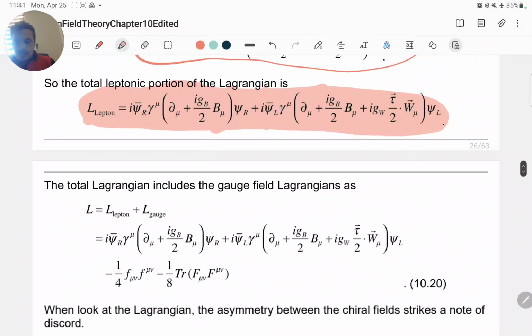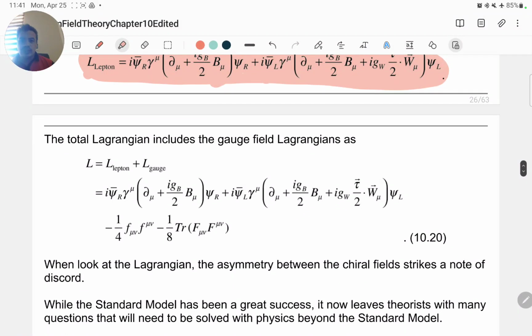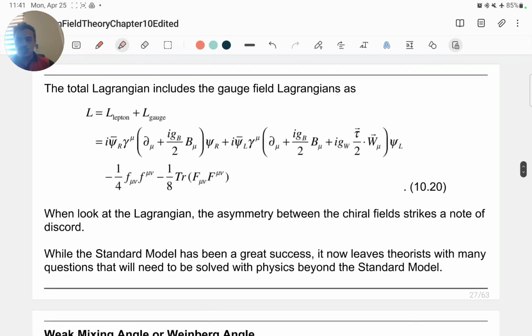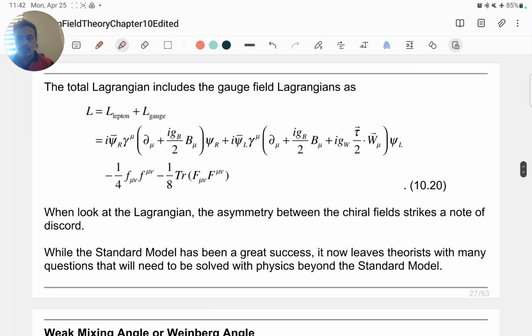So the total Lagrangian, now including the gauge field Lagrangian, would be this. We now include also the U1. This is now representing the SU2 cross U1 Lagrangian. All of these things here.